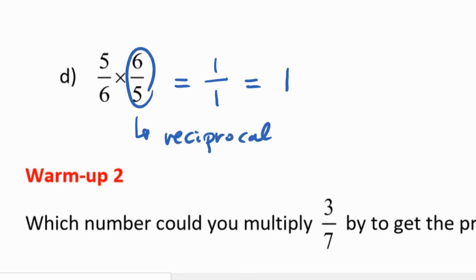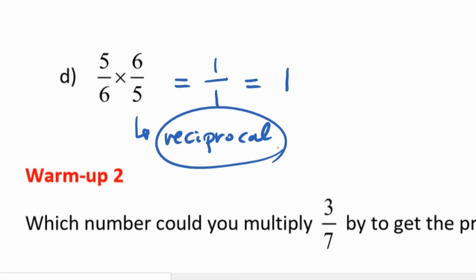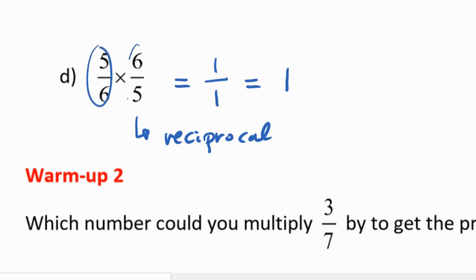So this is the reciprocal of this, and this is the reciprocal of this. A reciprocal is basically a flipped number. When you multiply the reciprocals, it becomes 1.